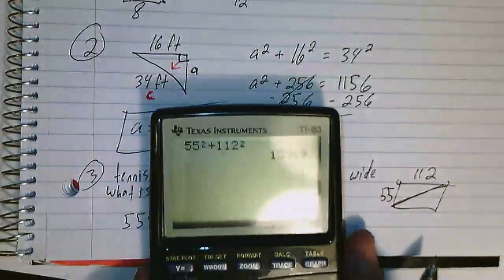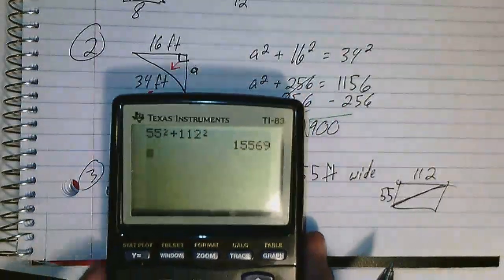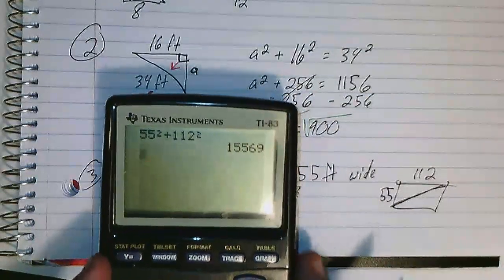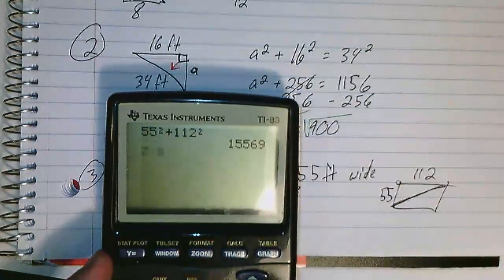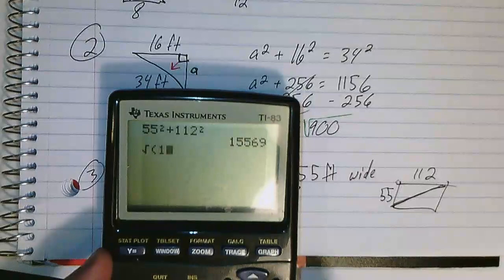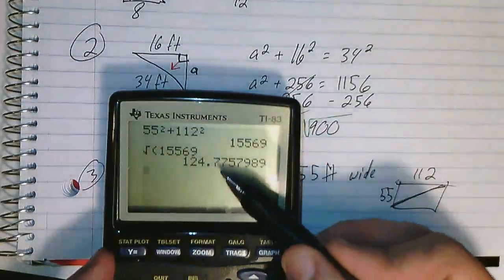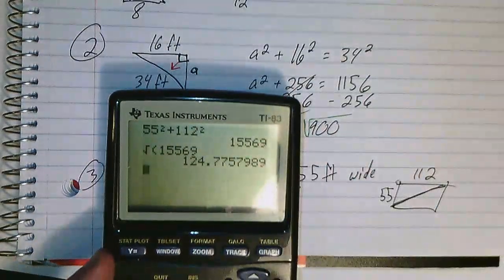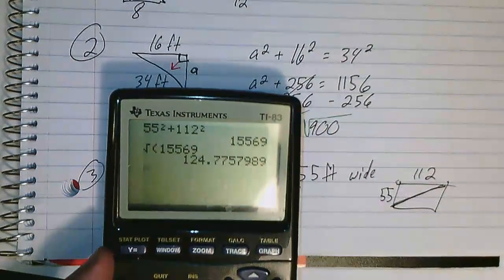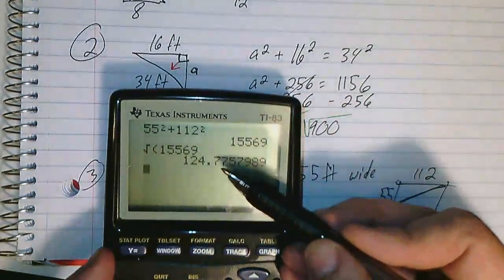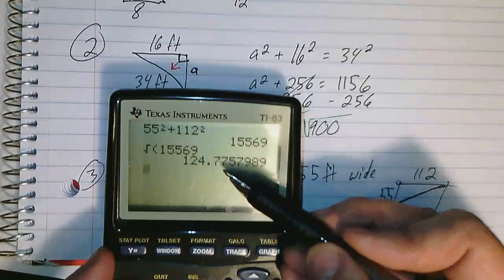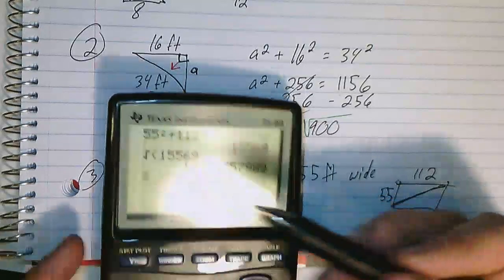I put that in the calculator and I get a big number. I can take the square root of that number, and it will tell you to round to a given decimal. So we'll say to one decimal, that's 124.8, getting rounded up.